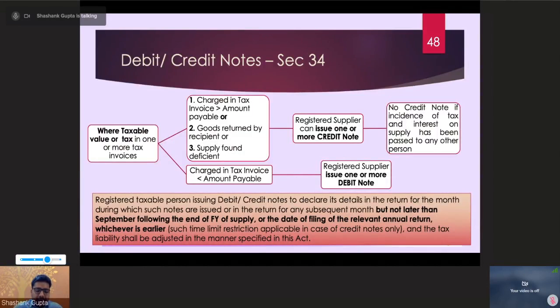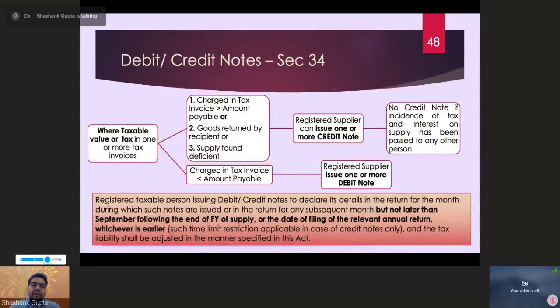Next is debit notes and credit notes. Let us first understand, when is a debit note required to be issued? If the taxable value or tax in one or more tax invoices is lower than the amount payable. So suppose I had to raise an invoice for 1 lakh rupees and due to some typographical error, the invoice only got raised for 10,000 rupees.